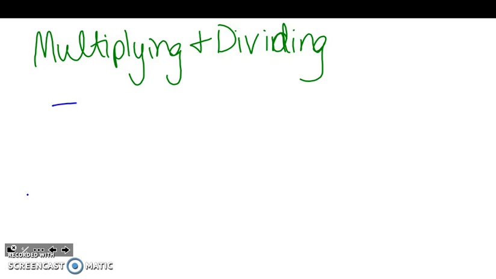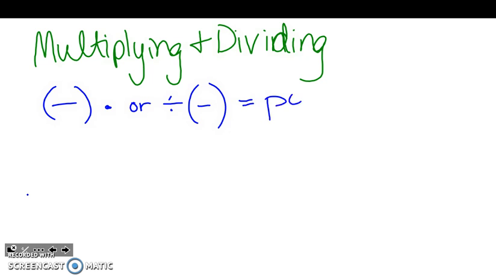So if it is a negative number times or divided by a negative, so if there's two negatives, our answer is going to be positive.